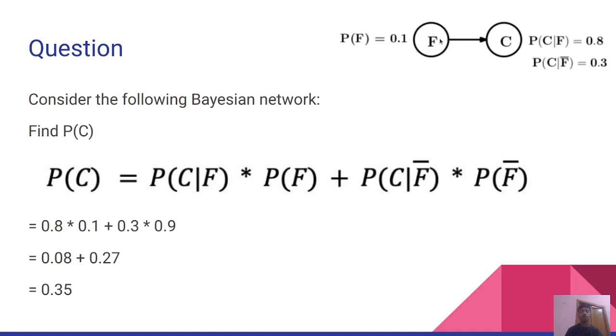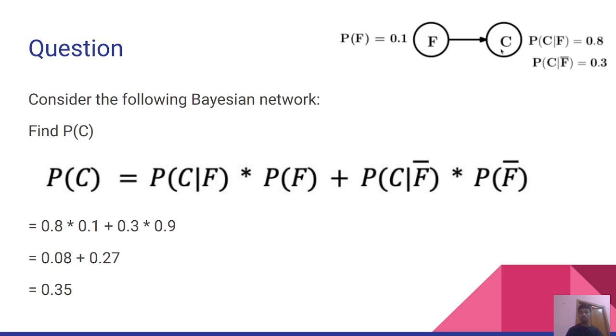So here C is coming from F, and there are two values for F. One can be true and false. So P of F is 0.1 and P of not F is 0.9, right? And we have the transition here, right?